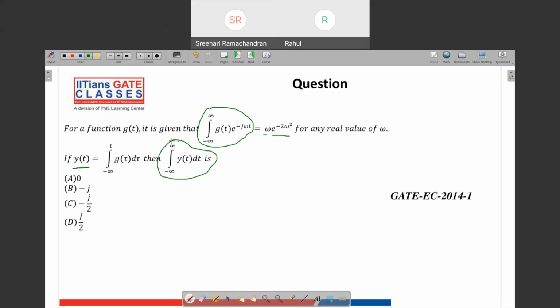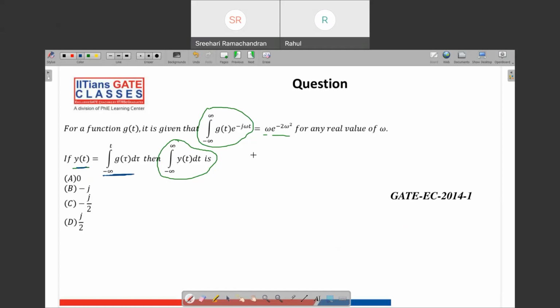To solve this, we are going to use a few of the properties here. First, note that this y of t is the integration of g of t, so here we are going to use the integration property. What is that integration property?